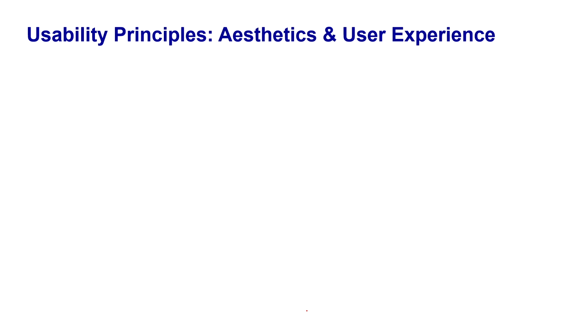Now, let us look into the second one, which is the aesthetics and user experience. We talk about two things: the aesthetics and user experience. So, now let us take aesthetics.